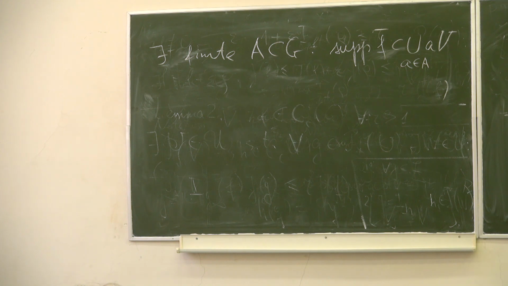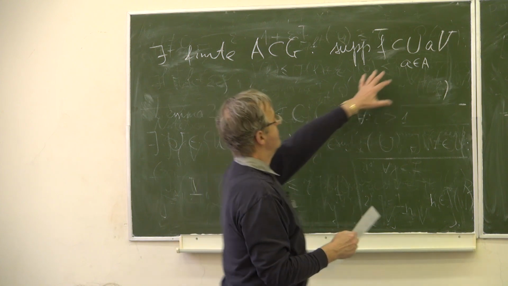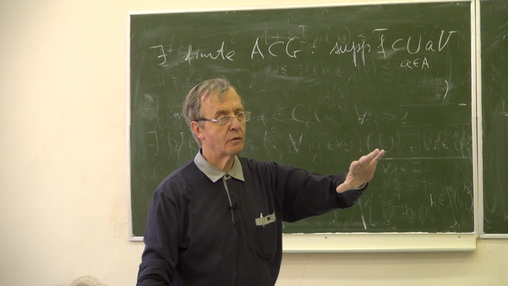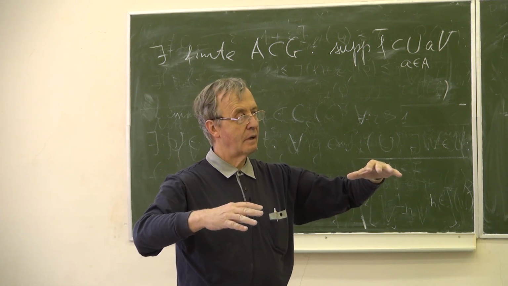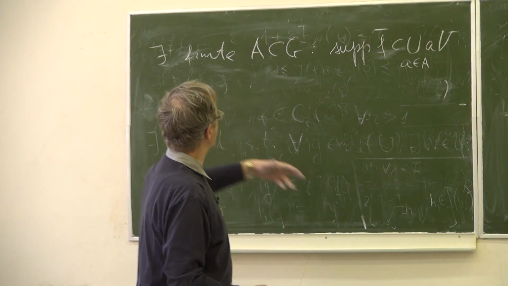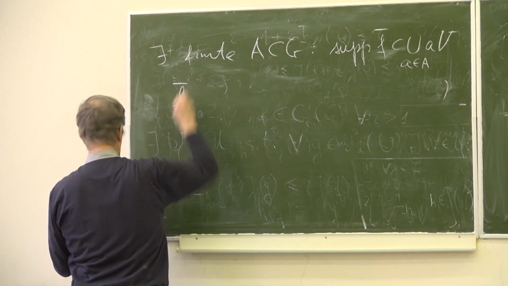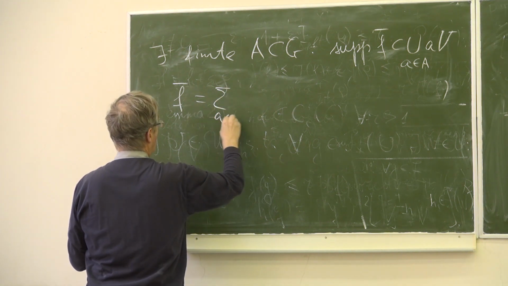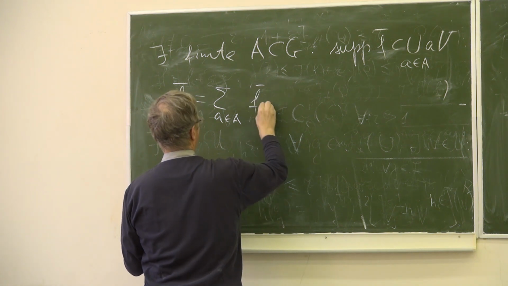And after that, we have an open covering of a compact set, and so there is a partition of unity subordinated to this covering. Should I explain what that is? No. So when we use this partition of unity, we can split our function f bar into the summands f bar a.